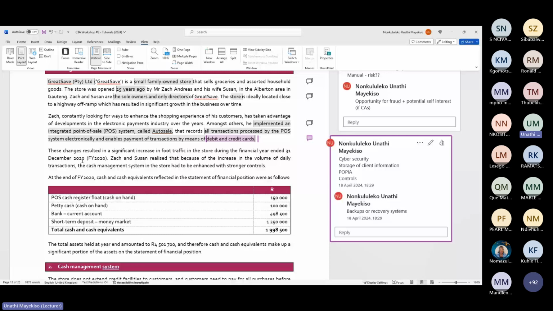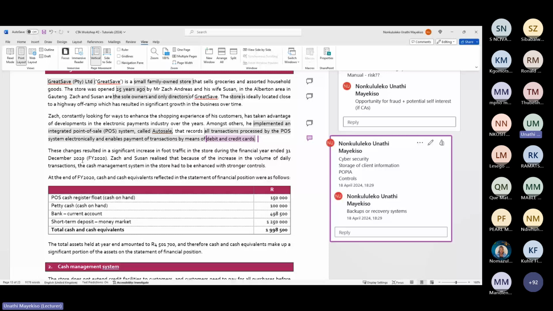At the end of financial year 2020, cash and cash equivalents reflected in the statement of financial position were as follows. The point of sales cash register float, which is cash on hand, was 150,000. The petty cash, which is also cash on hand, was 100,000. The bank balance, which was a current account, had 498,500 Rand.